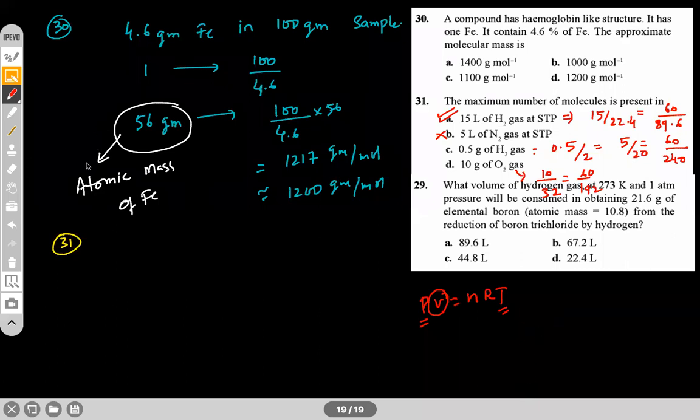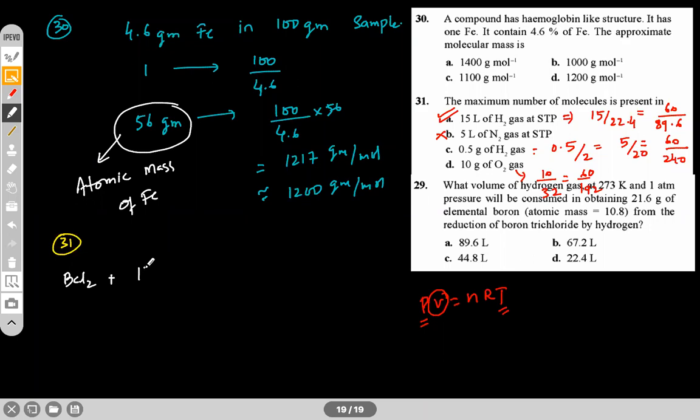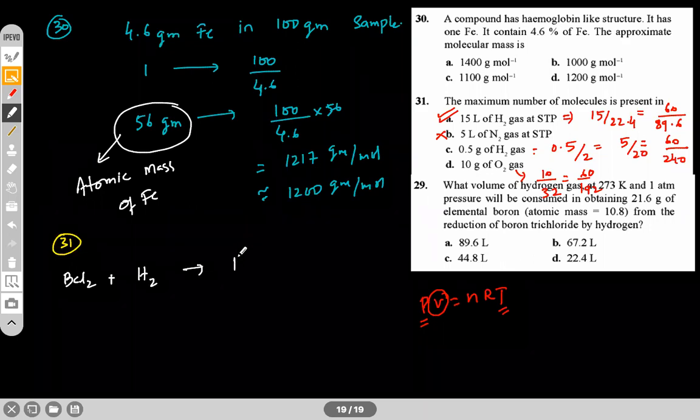Okay, so you are getting 67.2. I'll see that. So what is the reaction we have? BCl3 plus hydrogen, since reduction is by hydrogen, it forms boron plus HCl.